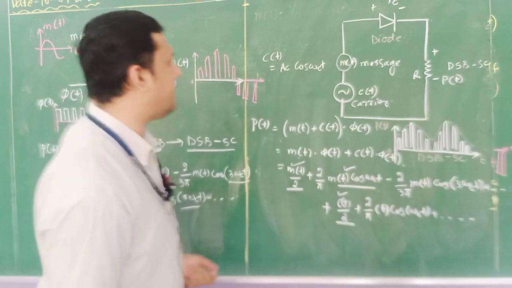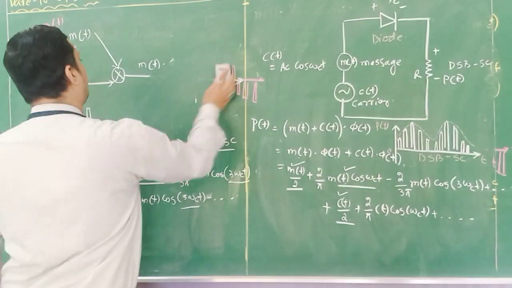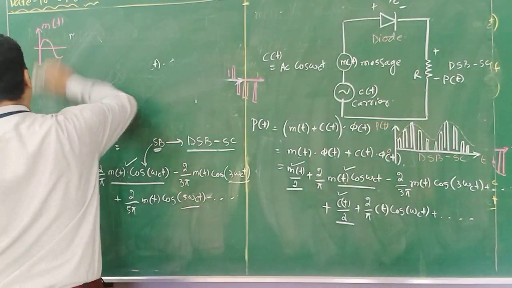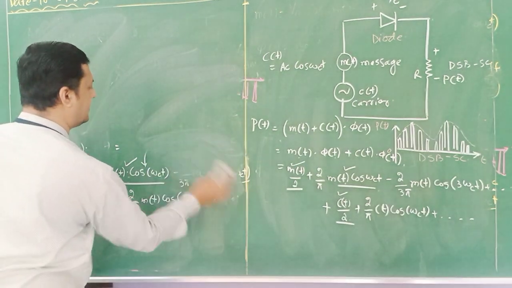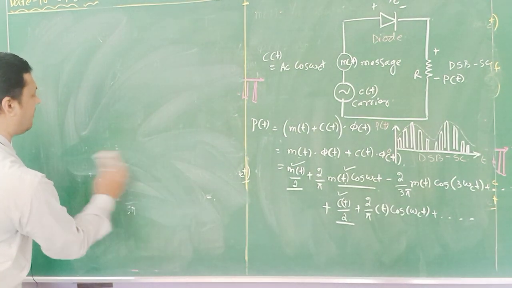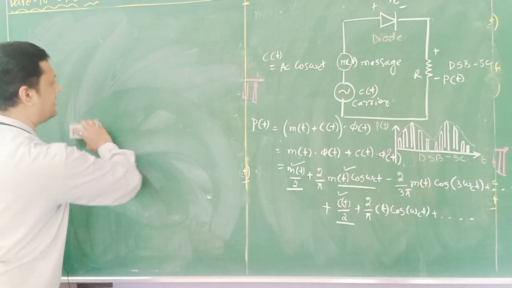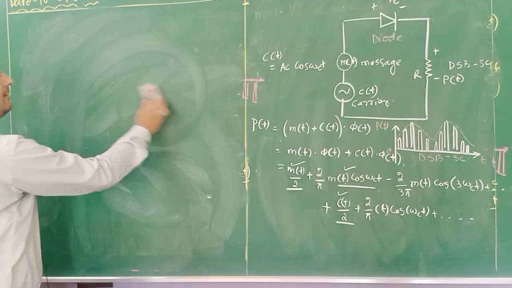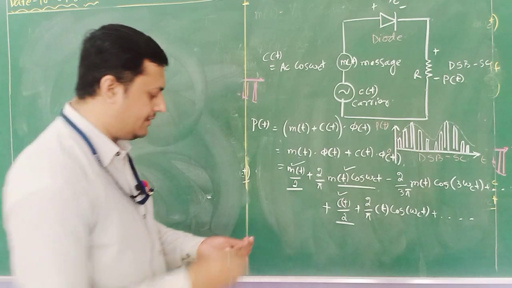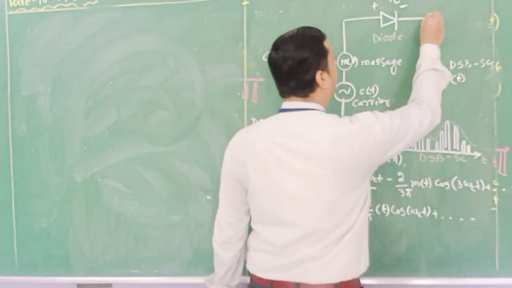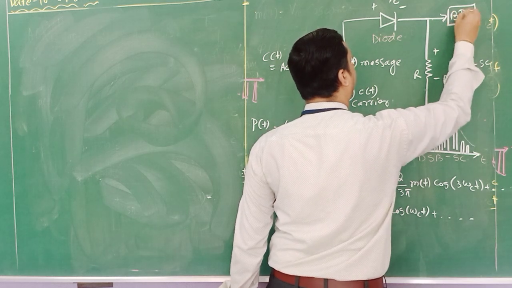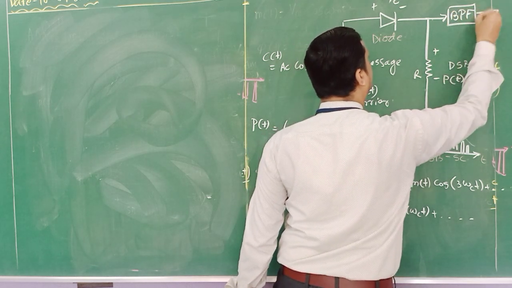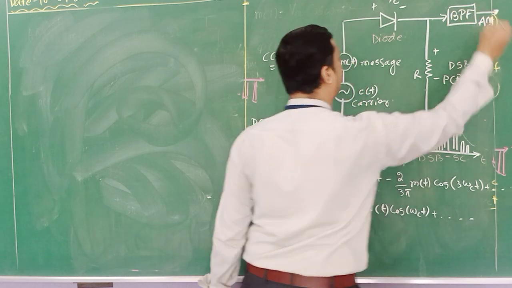So what I will do, I will put a tuned circuit through which the higher components can be suppressed. I will provide this output to a band pass filter BPF, and then we will generate an AM signal.